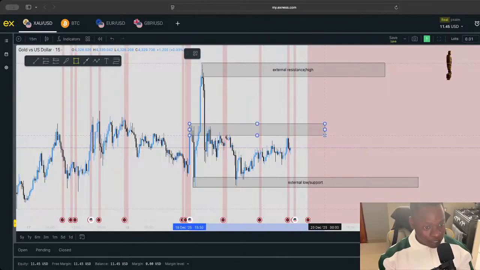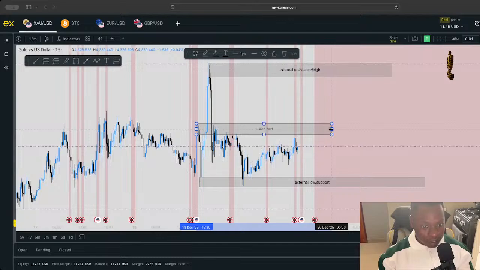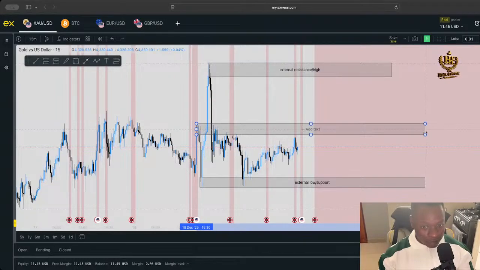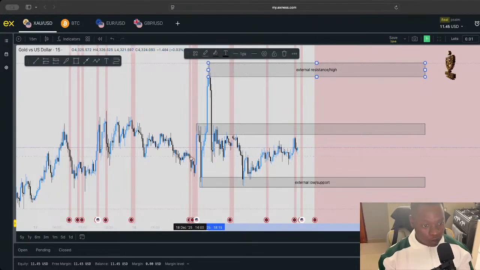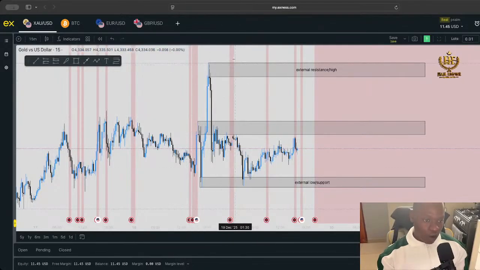This internal high is inside of those two levels. This high is the one that caused the market to shift down and create this external low. It's very important, because for price to make all this movement that we see, it was caused by this high. It caused this low to be created, and this low created that high.